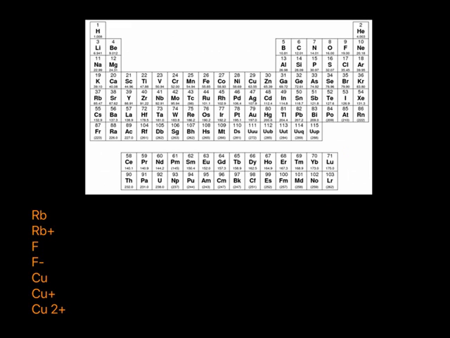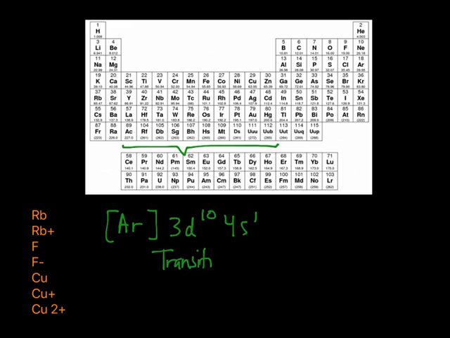Now what about the transition metals, these guys in the middle that have d orbitals and f orbitals? Take copper: its electron configuration is 3d10 4s1. You may want to refer to an earlier video on electron configuration, but at this point you really don't have to know about that. What I can say is that the transition metals have at least 2 valence electrons in their outermost shell, and some have more.